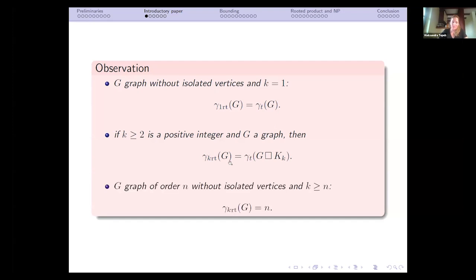Another observation is trivial. If we have k larger than or equal to the order of the graph, then you can label each vertex just by 1 and you get a proper labeling. And obviously you cannot do it with less. So the k-rainbow total domination number in this case is just the cardinality of the graph. So these cases are not interesting for us.